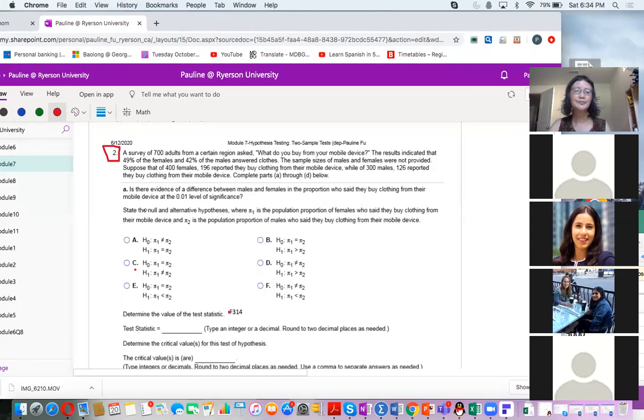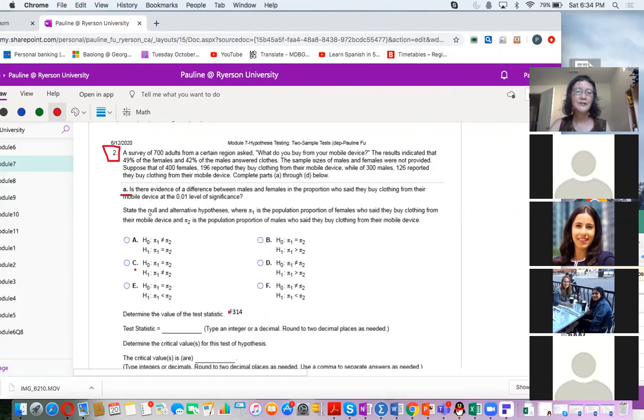Question A. Is there evidence of a difference between males and females in the proportion who said they buy clothing from their mobile device at 0.01 level of significance?